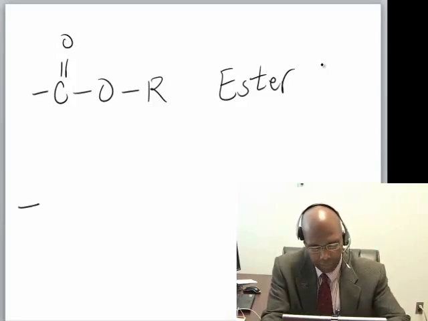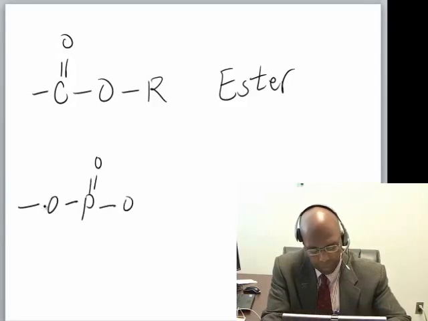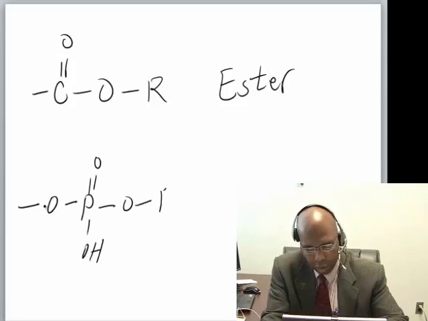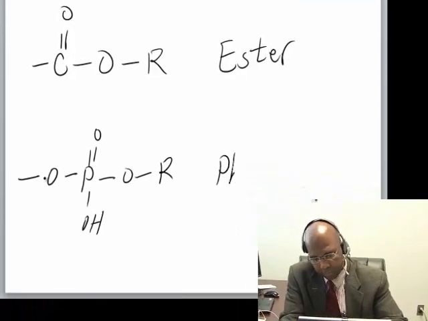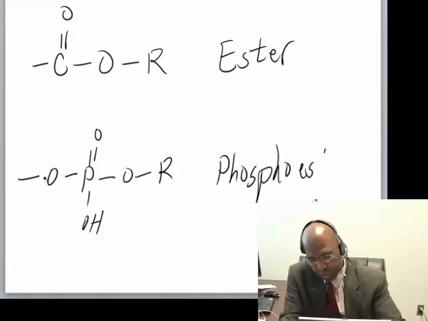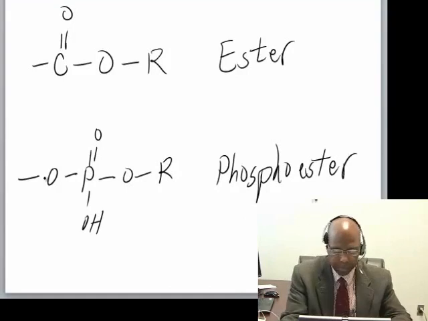If you start out with the phosphate and add an R, this is a phosphoester.